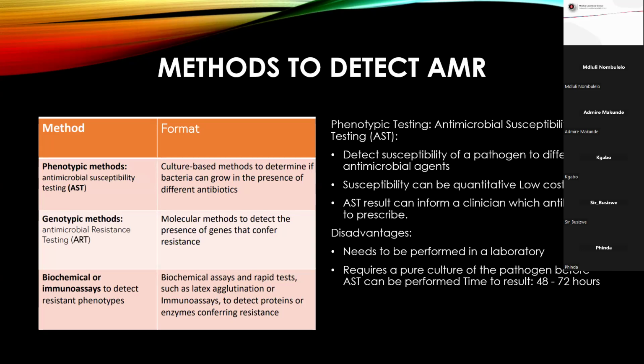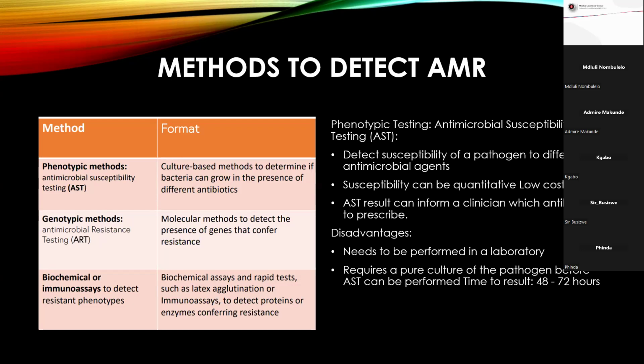So when we say AST or AMR is phenotypic, it's something which you find in the laboratory: I've grown this organism, did it grow or does it not grow? It's demonstrated by culture on a plate to expose the bacteria to antibiotic, then we check whether it's resistant or not. Then there's a genotypic method, which is PCR.